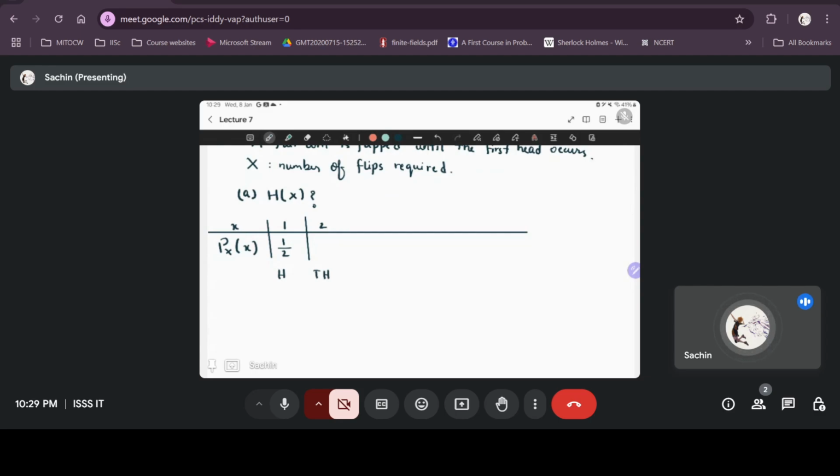So if X is 2, the first head occurs in the second toss, so all the previous tosses are tails. The probability of this happening is probability of T times probability of H, since the coin tosses are independent. But these are both equal to half, so it's half square.